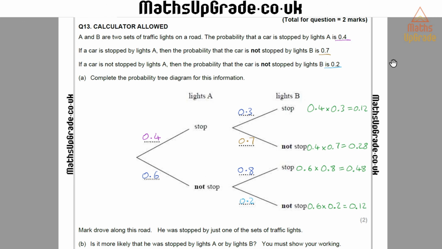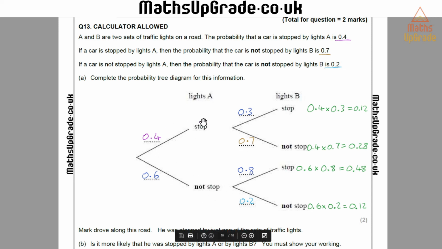In part B, we're told that Mark drove along the road and is stopped by just one of the sets of traffic lights. Is it more likely he's stopped by A or B? We must show our working. So the key thing here is he's stopped by just one of the sets of traffic lights. So that means he could either have gone along this pathway here, stopped by lights A, not stopped by lights B, or this pathway here, not stopped by A and stopped by B. So you need to compare those two probabilities.